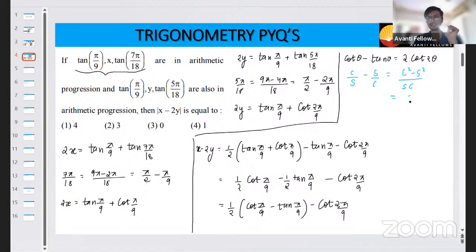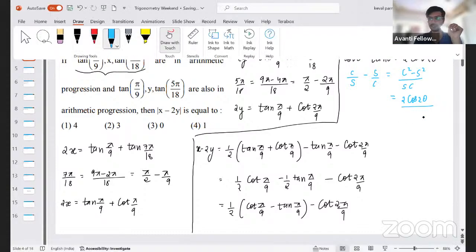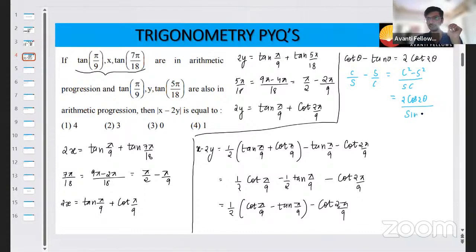Cos square minus sine square is cos 2 theta. And if we multiply and divide by 2, in the denominator I'll get sine 2 theta. Right? And what is this? This is 2 cot 2 theta. I hope this part here is clear.